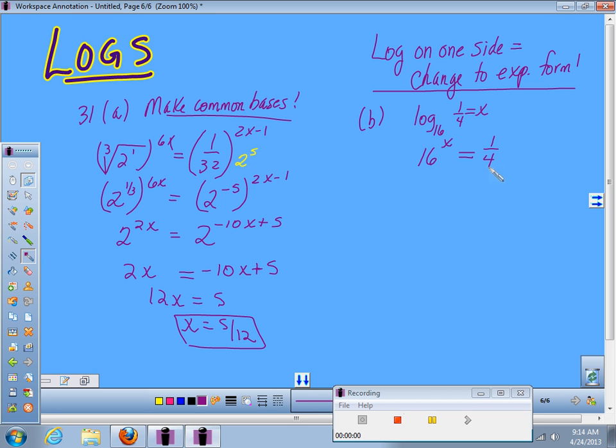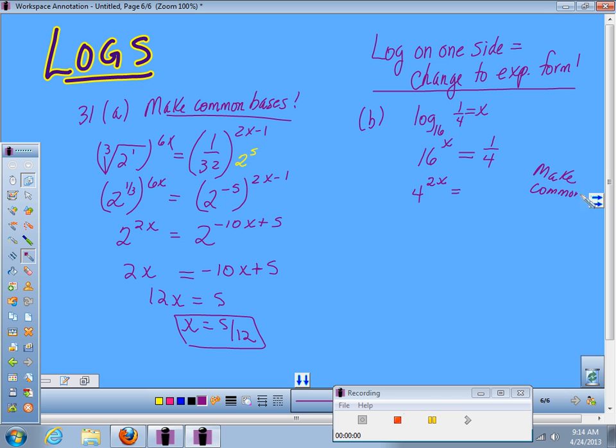Now it's the same problem we just did over here. Make common bases. What number do 16 and 4 have in common? 4. 16 is just 4 squared. So is it just 4 to the 2x?